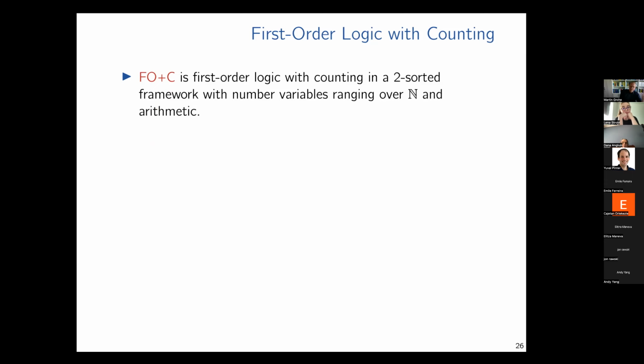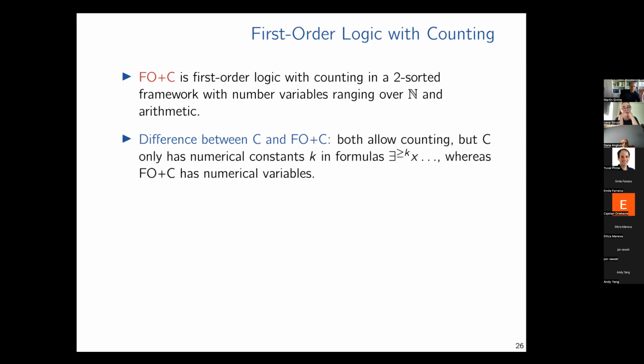And we have arithmetic on these variables. So now we can say there exist more than n elements, and n is also a variable. That makes the logic more powerful. Okay, so the difference between this logic we looked at before and this FO plus C is that both allow counting, but in C we only have numerical constants. Here we have numerical variables.